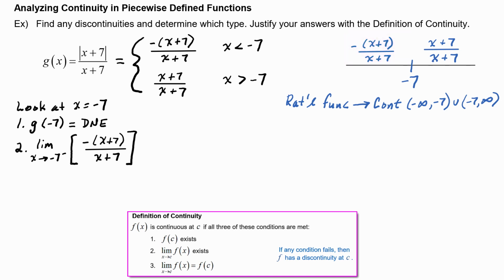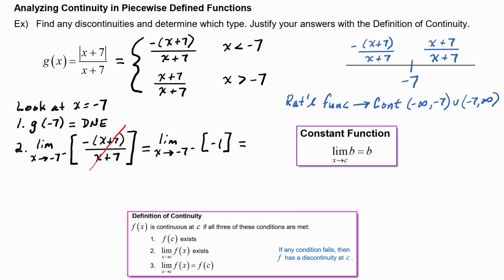Within the limit, we are allowed to cancel the common factor, so this becomes the limit as x approaches -7 from the left of -1. To evaluate a constant function, the limit just equals that constant, so this limit is -1.